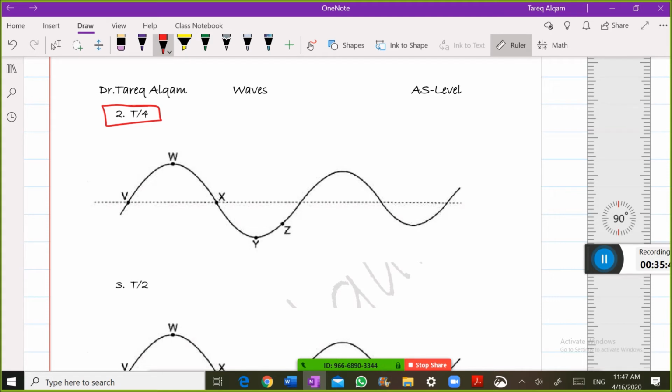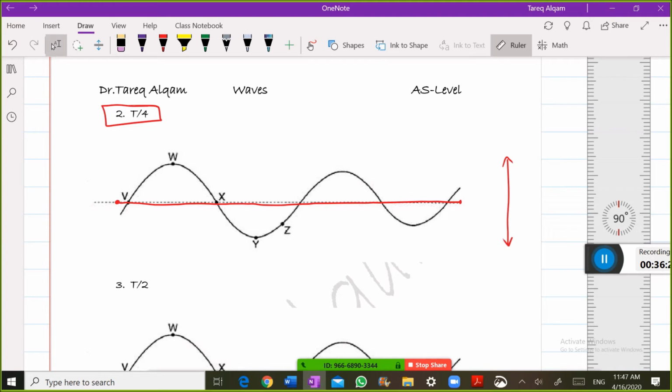I have a string that oscillates up and down. At a certain moment, if I take a screenshot after a quarter period, I will get the string at its equilibrium position. Is that clear?